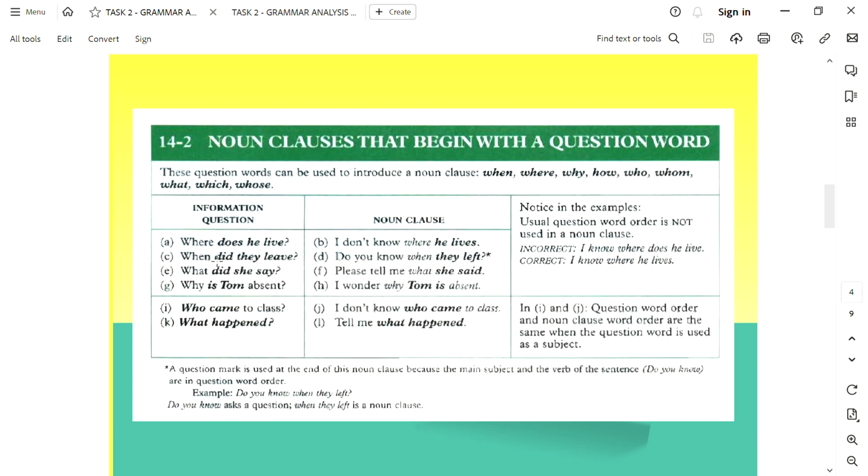Where does he live? And then the answer, I don't know where he lives. I don't know where he lives is the noun clause here. Where he lives. When did they leave? Do you know when they left?